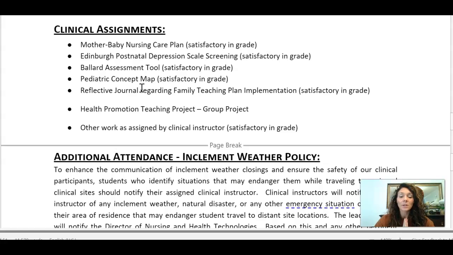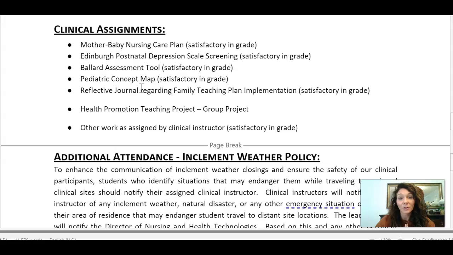In clinical, you are going to have several assignments to turn in for me. You will have a limited time frame to get the information for these assignments, so whatever day that you are scheduled to go to OB during your clinical rotation, make sure that you take your care plan and make sure that you gather your information for that care plan during that clinical day.